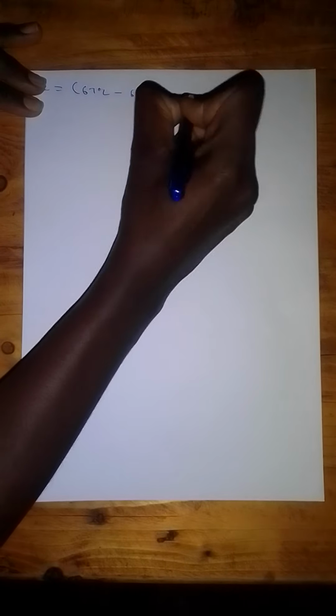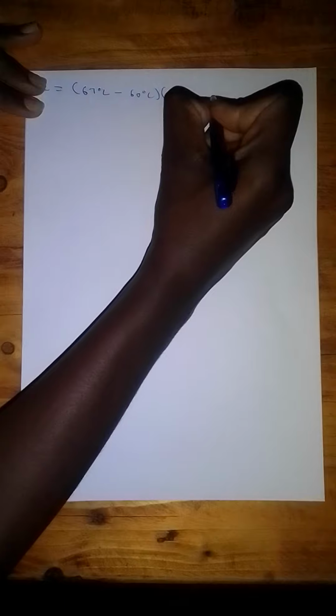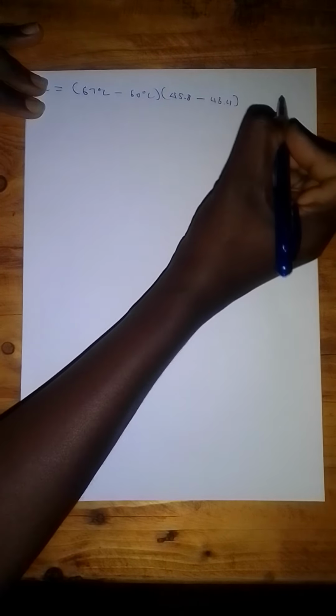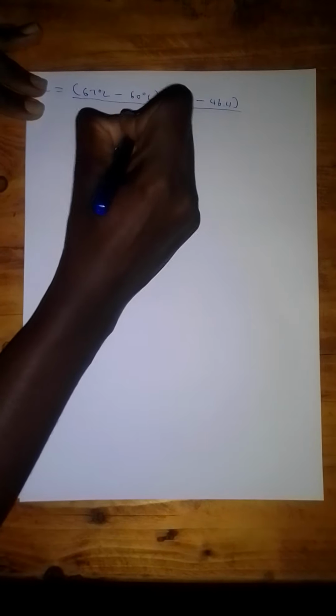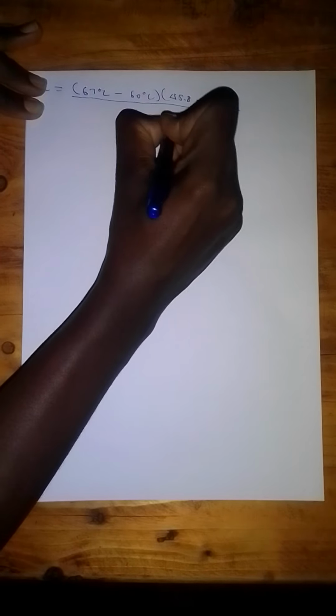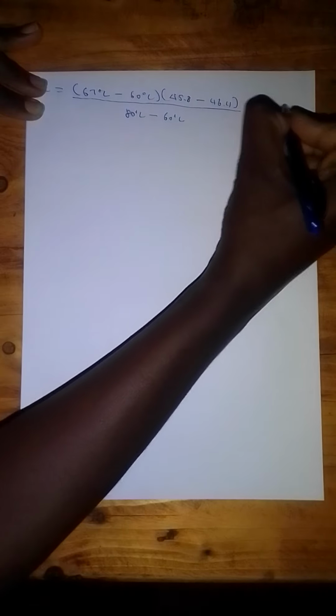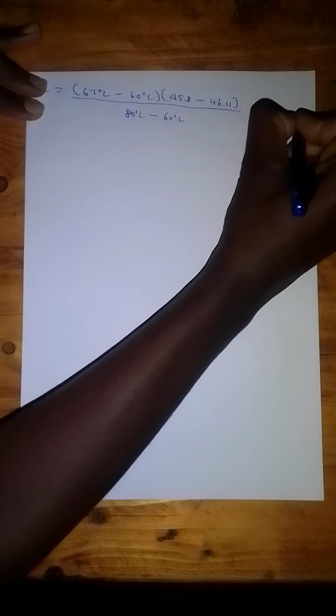If we move further to simplify the equation, you can easily do our high school arithmetic and make some rearrangement, and that will give us, let me write it down: X equals 67 degrees Celsius minus 60 degrees Celsius, times 45.8 minus 46.4, all over 80 degrees Celsius minus 60 degrees Celsius, everything plus 46.4.